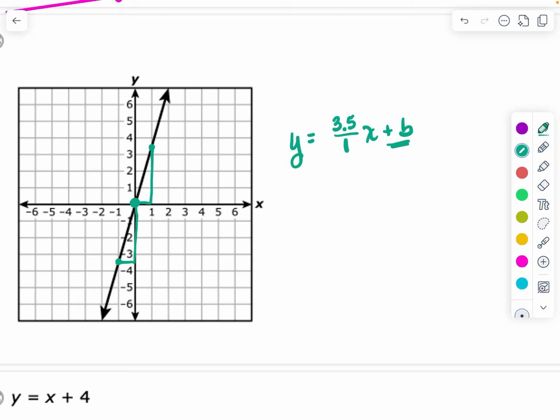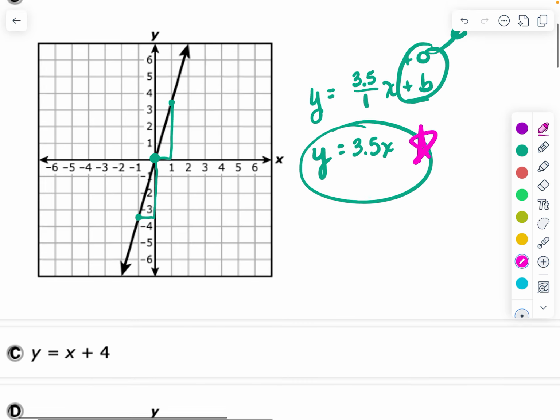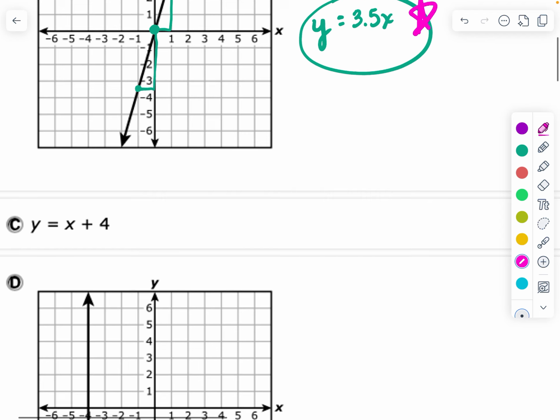Again, it's 0, so this is just plus 0, so this goes away. So I've just got y equals 3.5x, which is like our apple example. So this is the answer. But let's go ahead and check the other ones just in case.